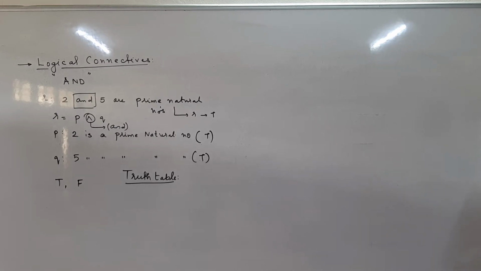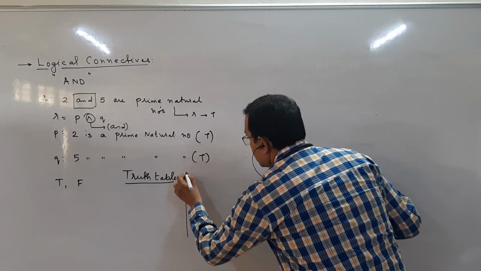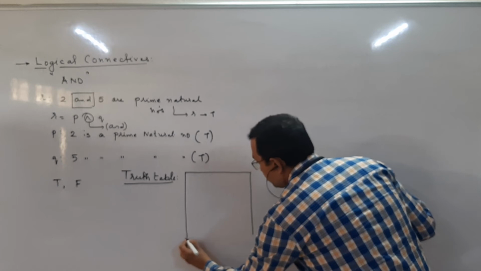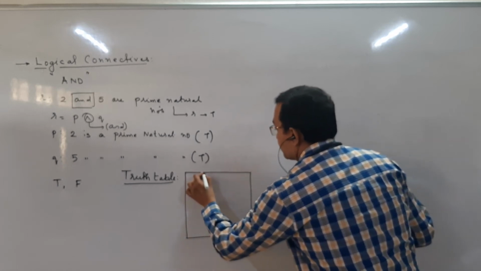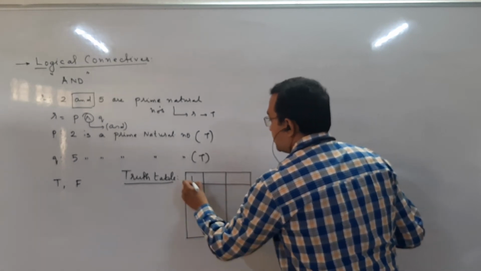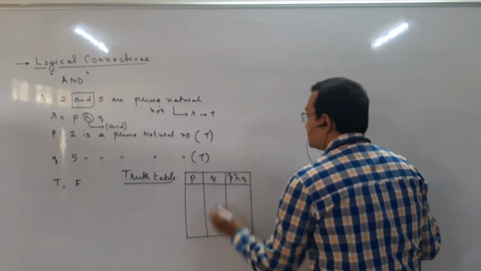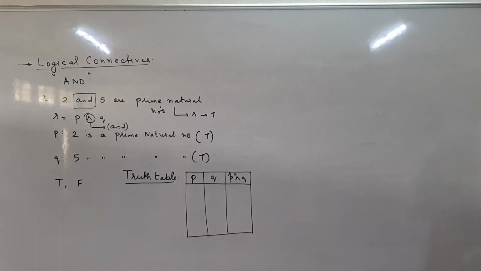Say our compound statement has two component statements which are P and Q. So I am preparing the truth table like this, where component statements are P, Q and the compound statement is P and Q. Or I can let R be a compound statement joining simple statements P, Q with "and".